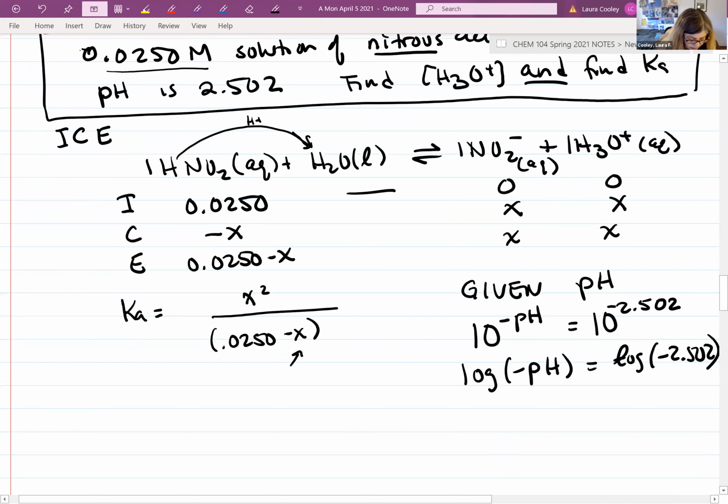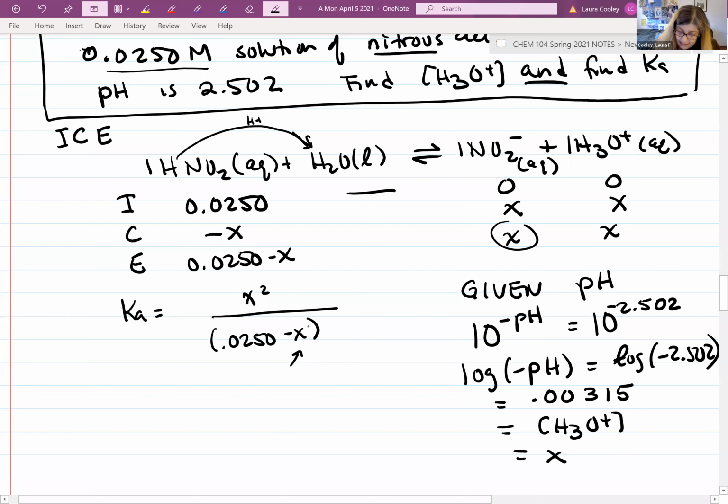That number comes out to 0.00315. So you actually know X, because X is the H3O plus concentration. There would be no reason to neglect the X.